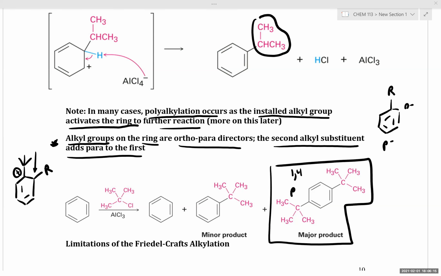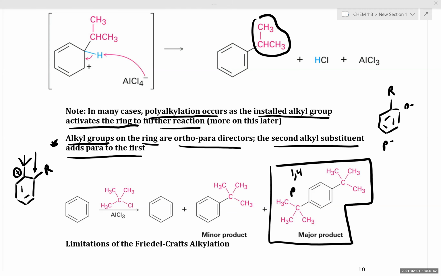We're going to be talking more about ortho-para directors in a moment, but this is important context to help us understand why we specifically see this para product when we observe polyalkylation. I have a student asking about polyalkylation if we have straight chain alkanes.